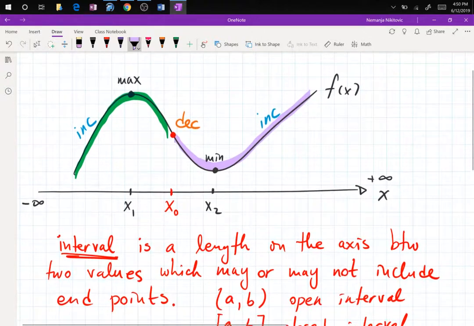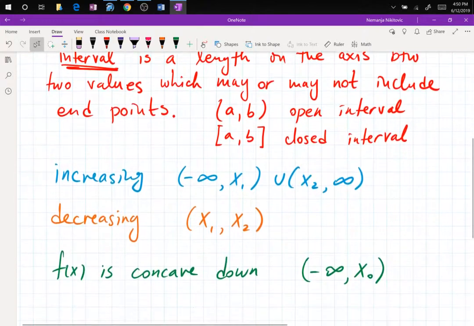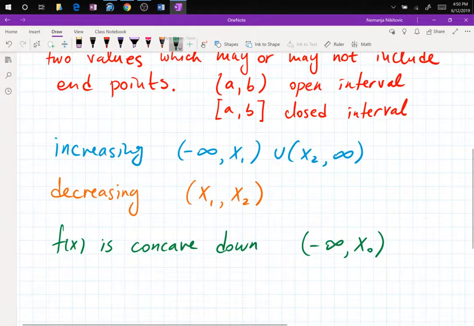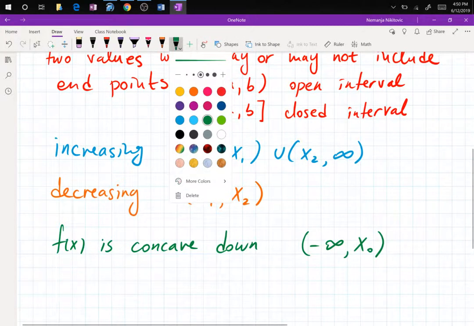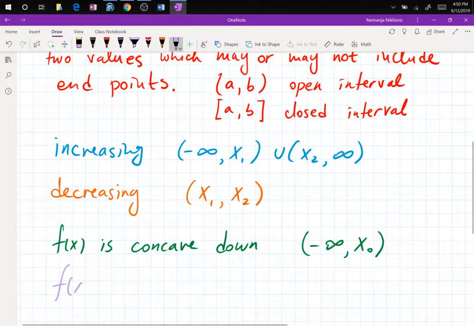We have this part of the graph, and f of x is concave up from x0 to positive infinity.